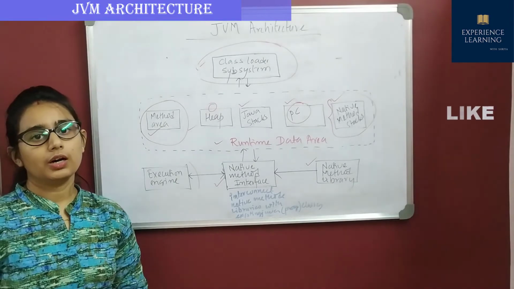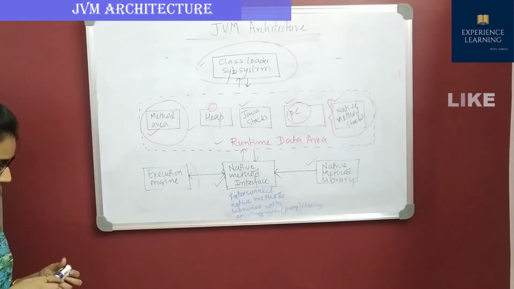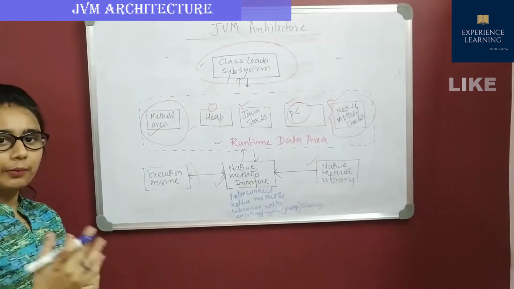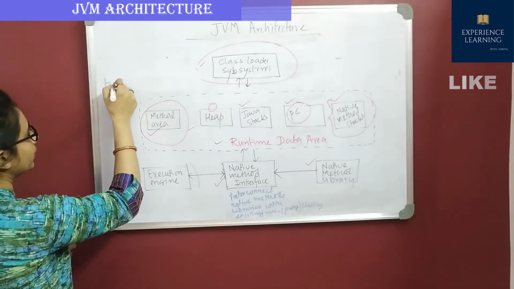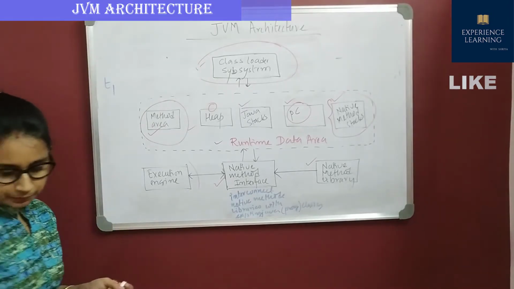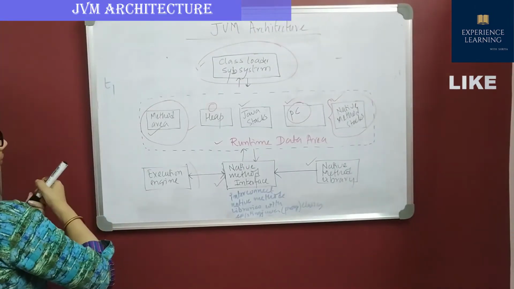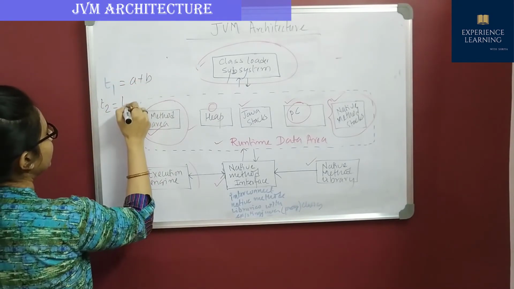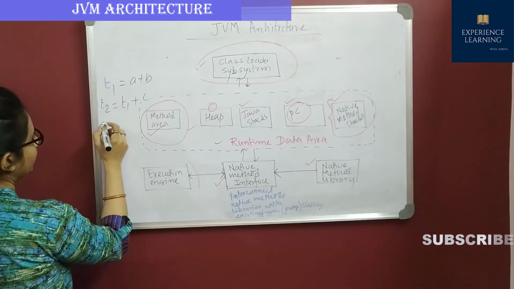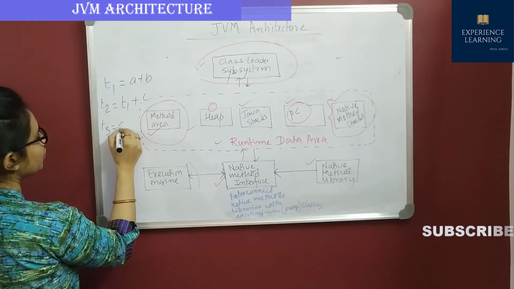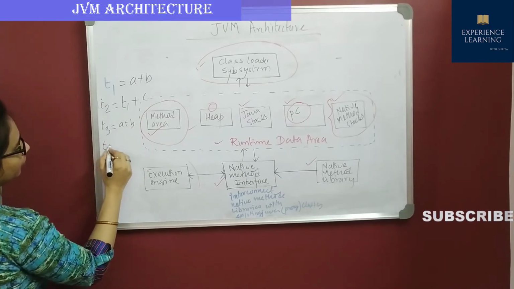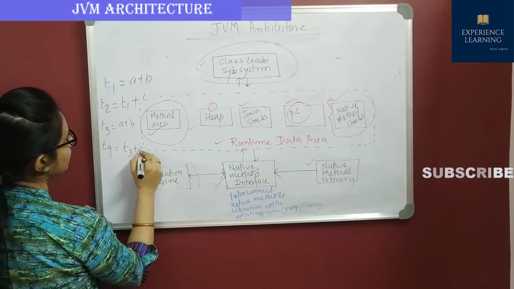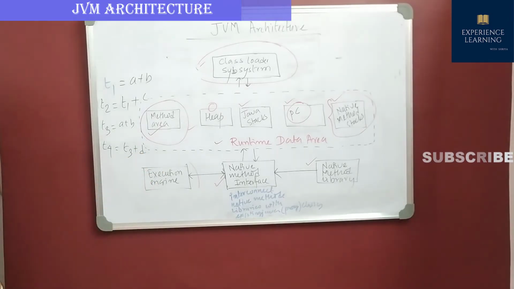Still, maybe there is some code, say after generating the bytecode, hypothetically the intermediate code is written in such a way that T1 equals A plus B, T2 equals T1 plus C, T3 equals A plus B, and T4 equals T3 plus D. So this is written in the intermediate code.